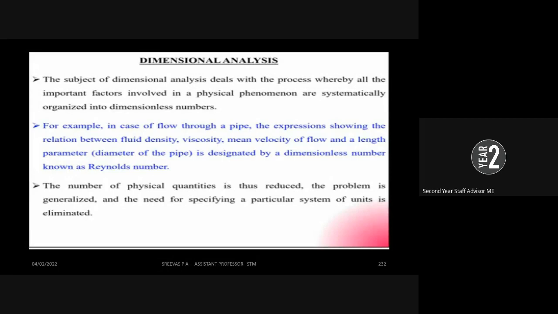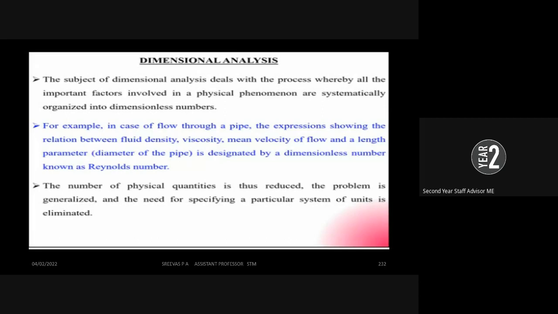For example, in case of flow through a pipe, the expression showing the relation between fluid density, viscosity, mean velocity of flow, and the length parameter, that is our characteristic dimension, which in pipe flow we take as the diameter of the pipe, is designated by a dimensionless number known as Reynolds number. What does it mean?